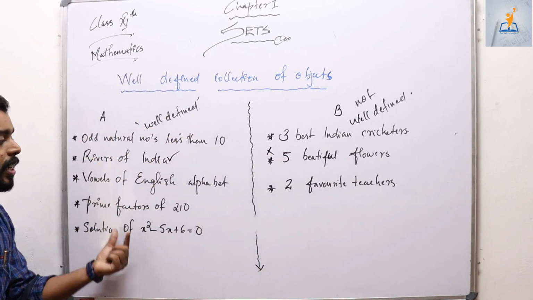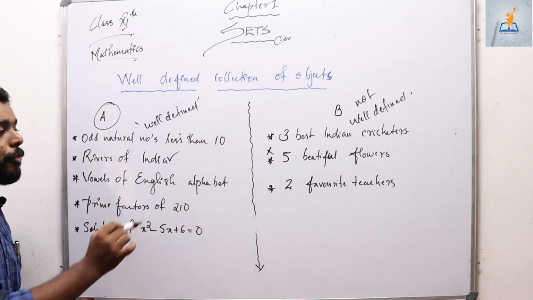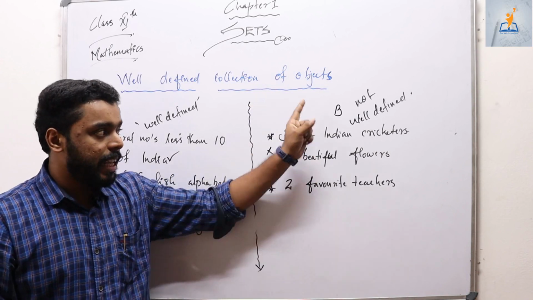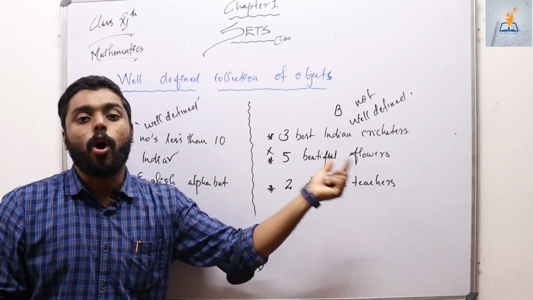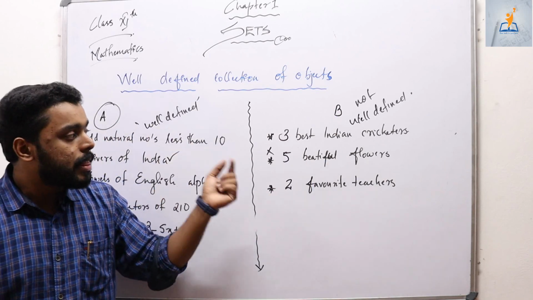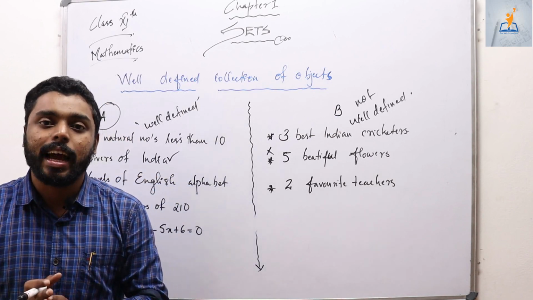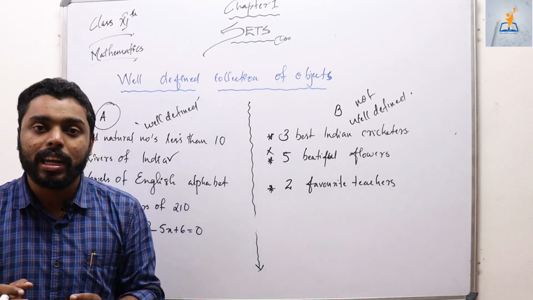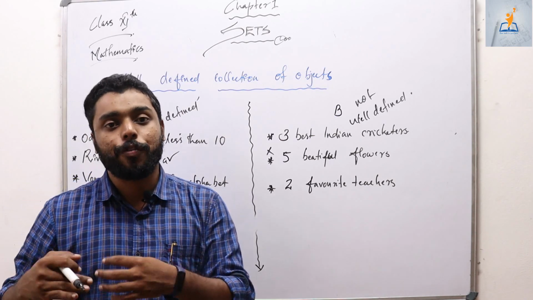Similarly, all the 3 examples in the first collection are well defined, whereas all the 3 examples in the second collection, the collection B, are not well defined, because the statements here will result in an answer which is not well defined, which means that it can change from person to person or from country to country.